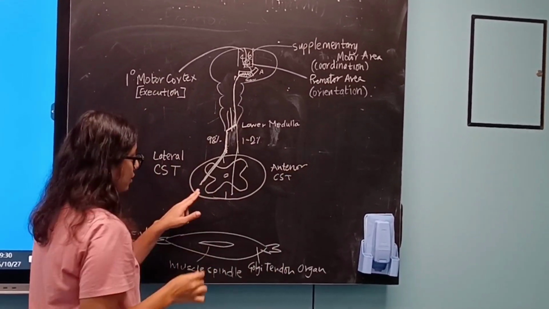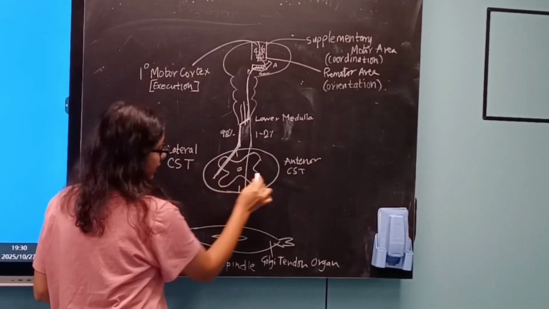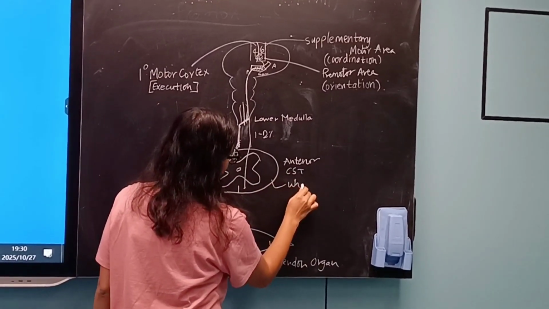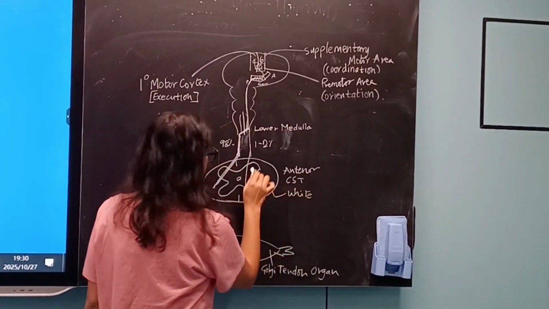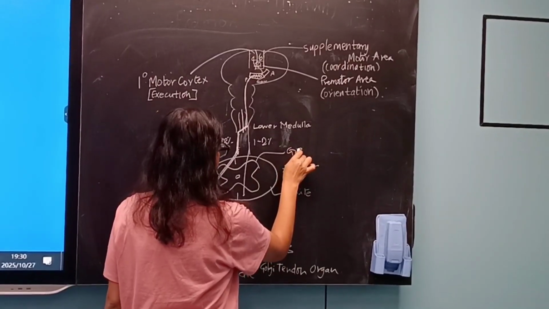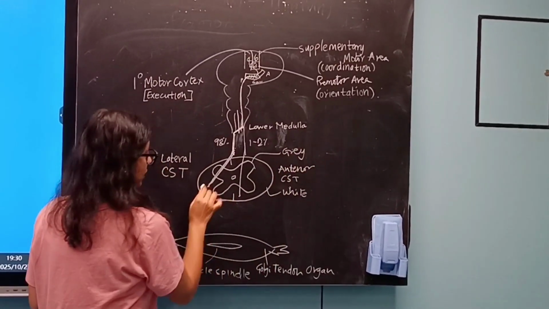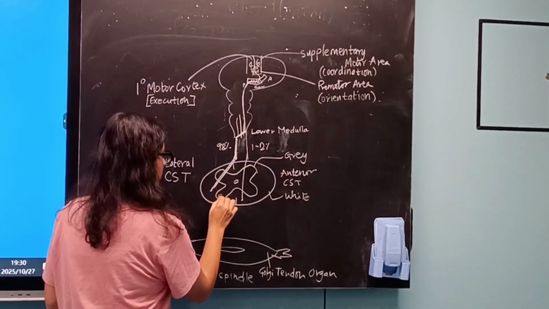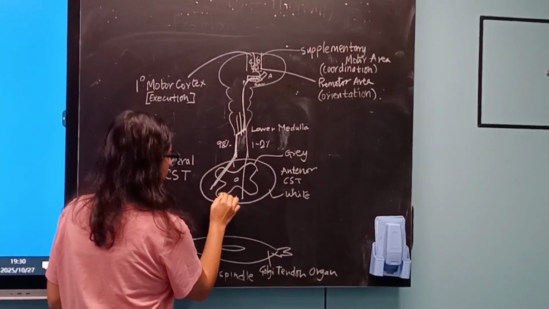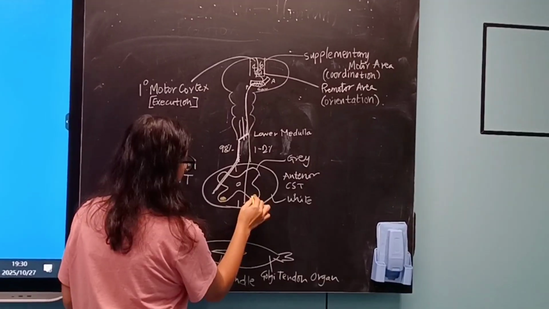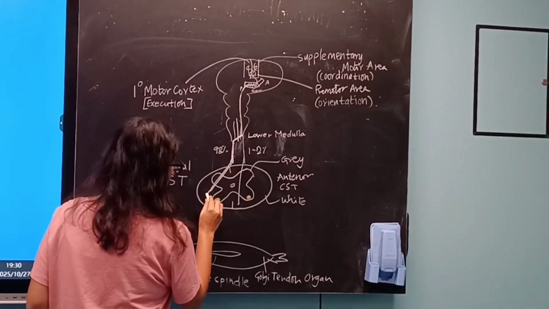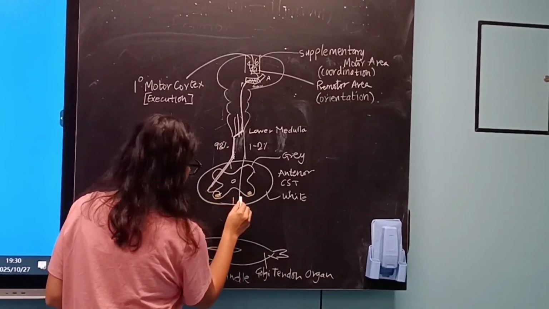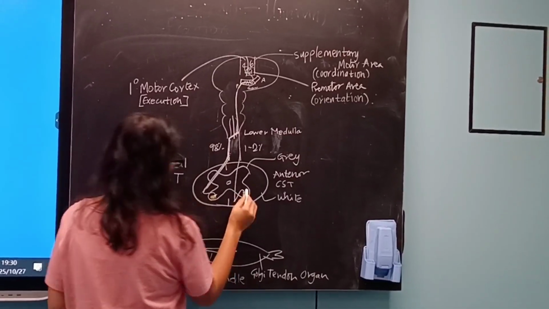After this, the nerve goes, this is the white matter, right? This is the white matter of the spinal cord, and this is the grey matter of the spinal cord. So nerves coming from this will go to this, where you will find the nucleus in the grey matter. So these nerves are going to go here, and this will be going to the side.